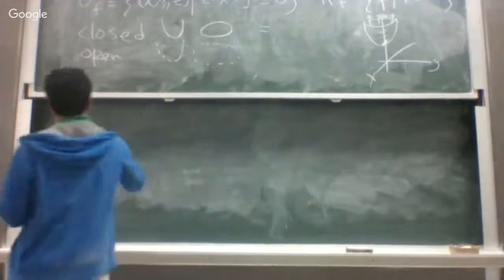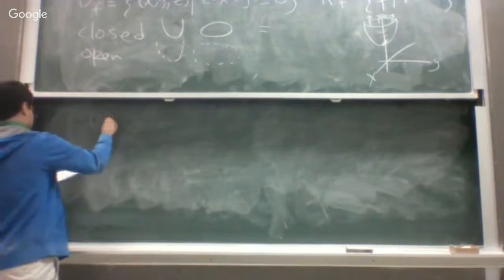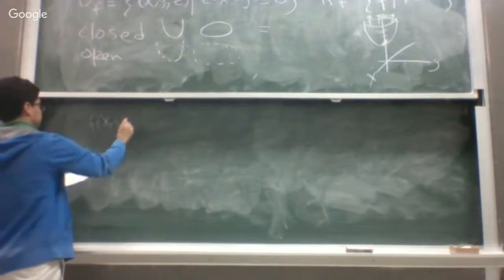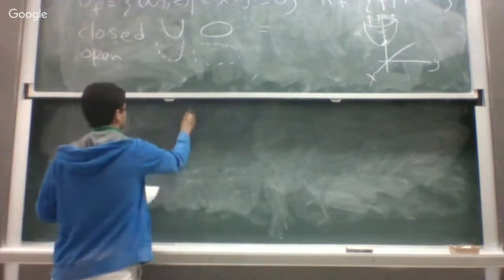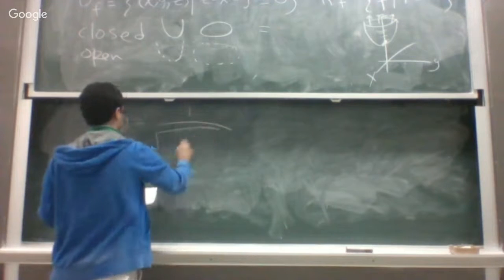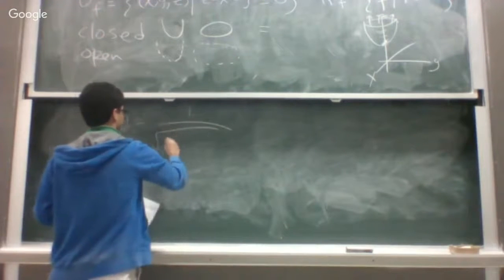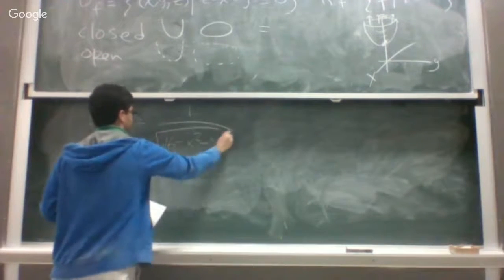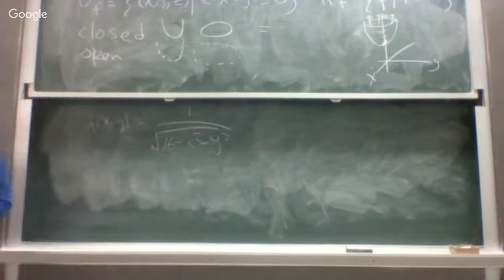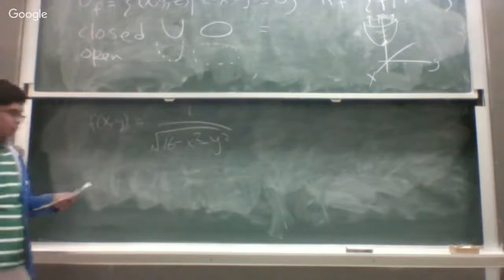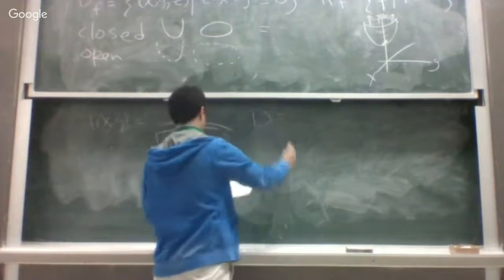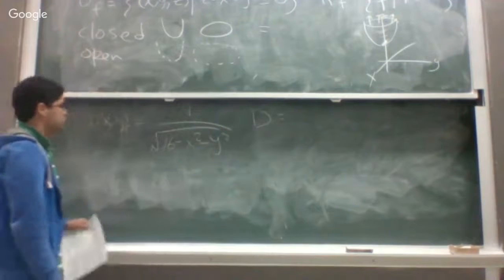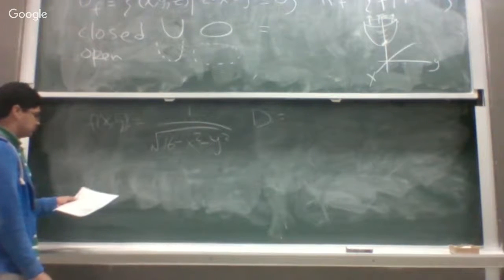Say we have the function of x and y equal to 1 over the square root of 16 minus x squared minus 9y squared. What will its domain be? 16 minus x squared minus 9y squared equals 0?